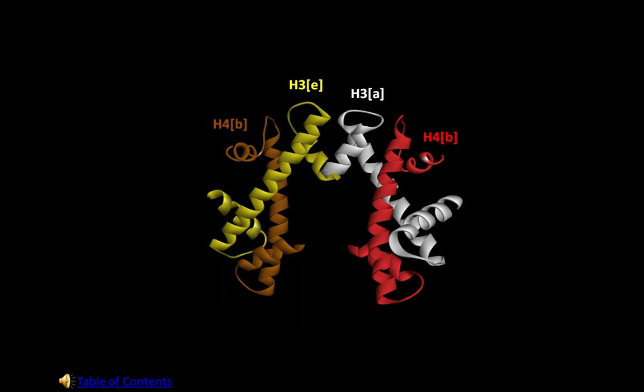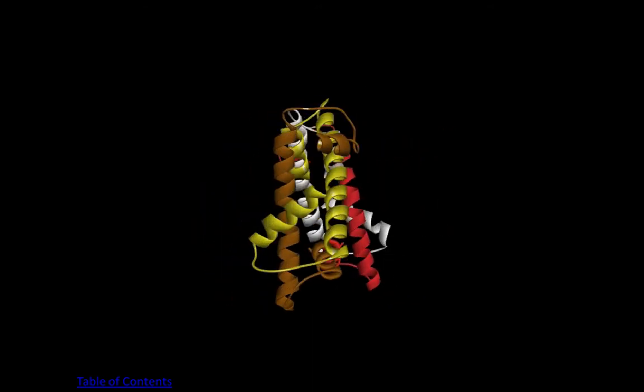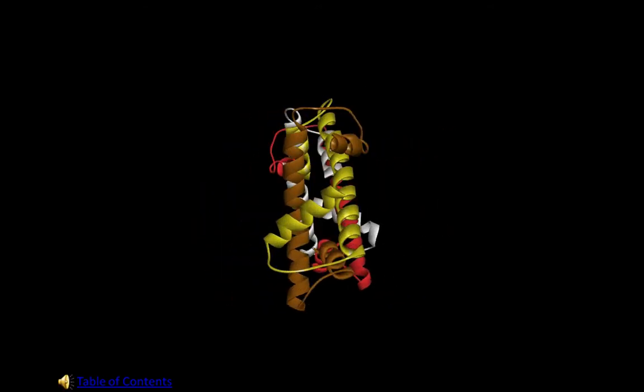Now, let's repeat the rotation, but this time we'll stop halfway, which will allow us to more carefully assess the fascinating spatial relationships of these 4 subunits. Now we get a nice picture of the 3-dimensional structure of this tetramer.